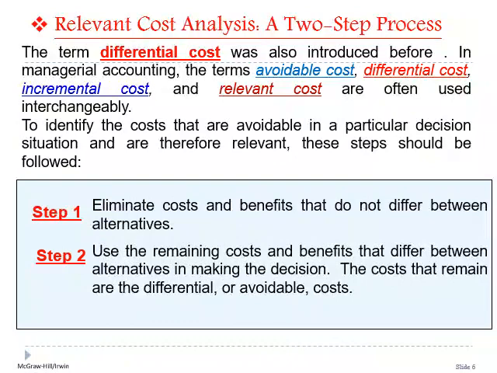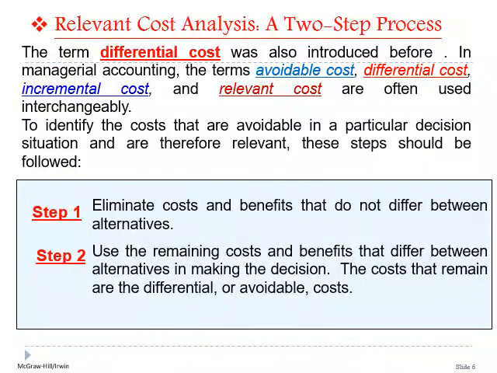وبالتالي it will not affect the decision. مش هتأثر في القرار بتاعي. طيب step number 2, use the remaining costs and benefits that differ between alternatives in making the decision. هستخدم التكاليف والمنافع الباقية بعد ما استبعدت اللي هي irrelevant for making decision لما باجي اخد القرار.